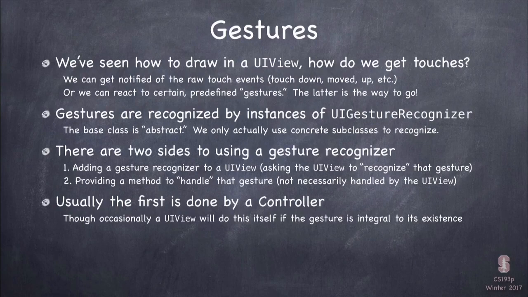Okay? Now, the adding of the gesture recognizer is done with a method called addGestureRecognizer in UIView, and that method is usually called by controllers. Okay, why do controllers call that? That's because a controller wants to control whether the things in its view recognize certain gestures. They might want to turn off certain gestures or not turn on certain gestures. So the controller is often controlling that.